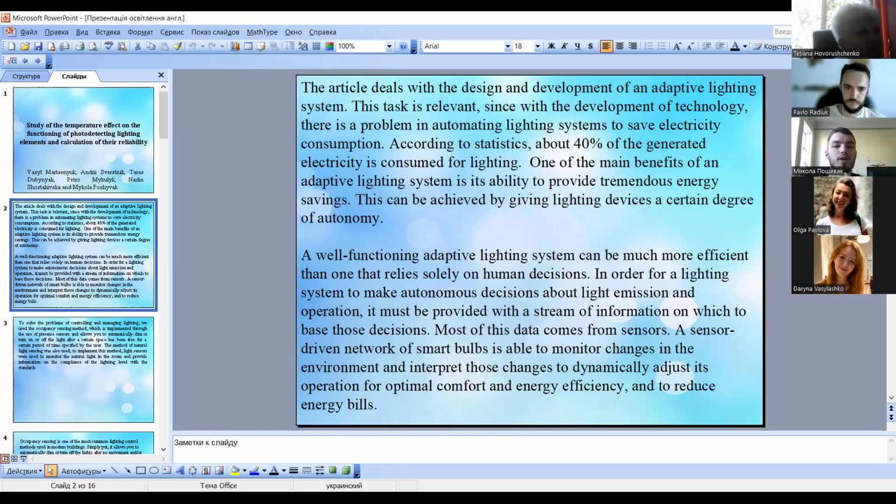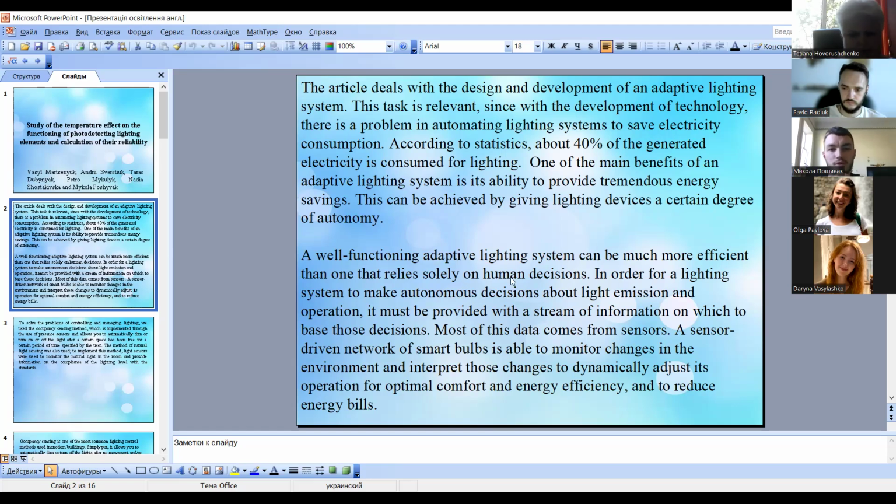In order for a lighting system to make autonomous decisions about light emission and operation, it must be provided with a stream of information on which to base those decisions. Most of this data comes from sensors. A sensor-driven network of smart bulbs is able to monitor changes in the environment and interpret those changes to dynamically adjust its operation for optimal comfort and energy efficiency and to reduce energy bills.